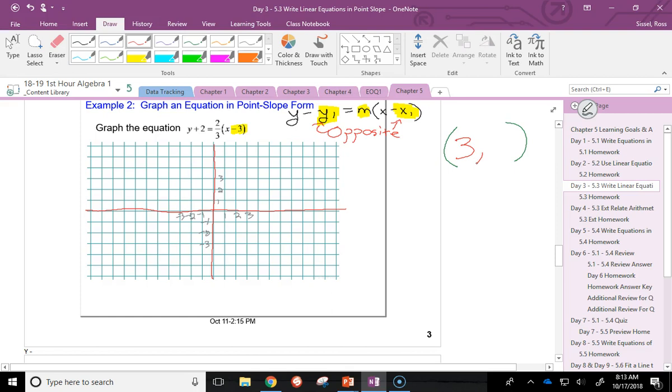My y1 says it is positive 2. So we're going to write it as such. So now I can graph this point. 1, 2, 3, 1, 2. Okay. Now that we have one point on the line, if we know the slope.